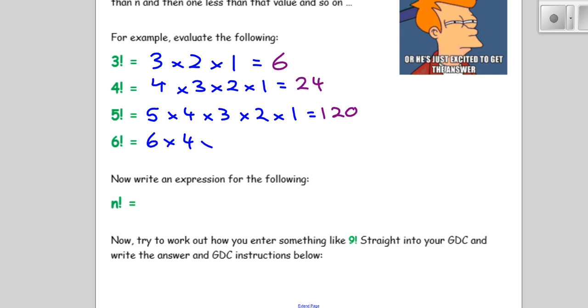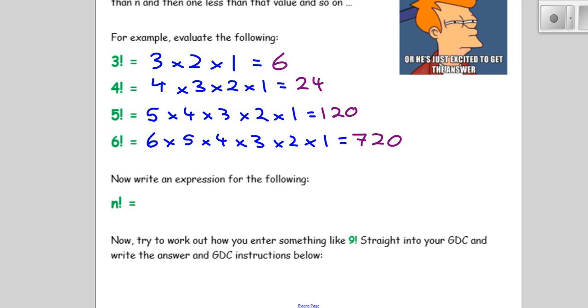I went from 4 to 2. Good job. If ever you're working out a factorial, you might want to go read over what you wrote, because the brain goes a bit funny. Basically, what's 6 times 120? 720. 720, cool.